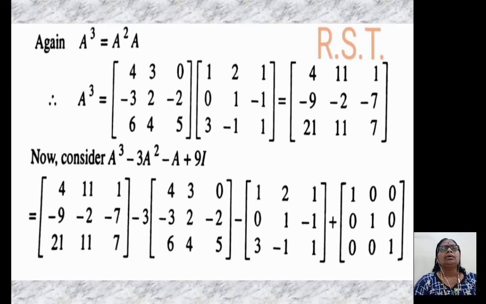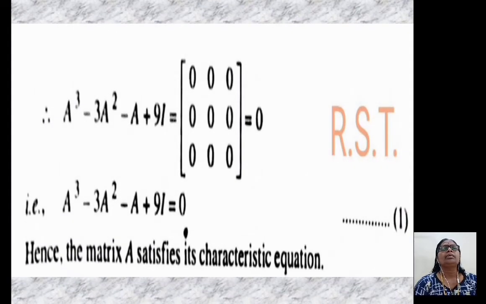After simplifying this equation, we get a square matrix of order 3 by 3, which is the null matrix. Thus, A cube minus 3A square minus A plus 9I equal to 0. That means every square matrix A satisfies its characteristic equation.